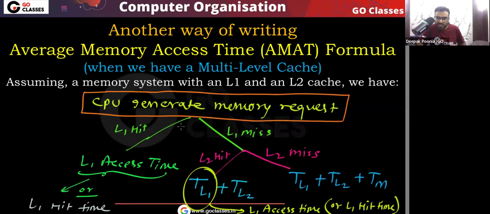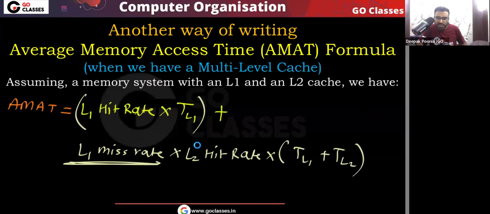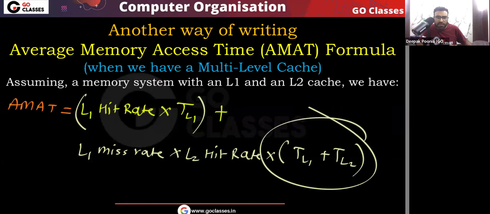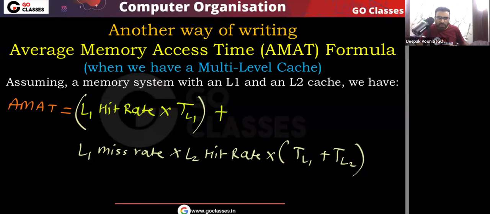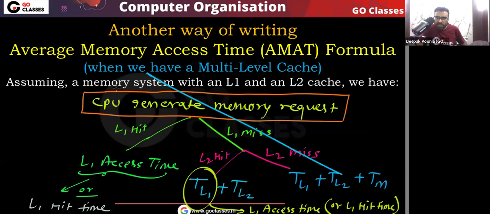Yes or no? Because you can see in this tree diagram, if there is an L1 miss, then either there can be an L2 hit or there can be an L2 miss. So when there is an L1 miss and L2 hit, this is the total access time seen by the CPU: access time of L1 plus access time of L2. So this is what I've written: L1 miss rate into L2 hit rate into access time of L1 plus access time of L2, plus this path.